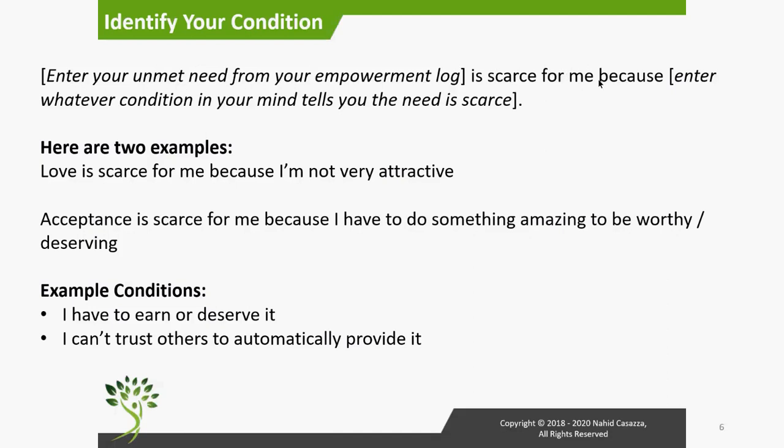Appreciation is scarce for me because people won't appreciate me unless I work really hard to earn their sense of regard, or whatever it is. Here are two examples. Love is scarce for me because I'm not very attractive. Acceptance is scarce for me because I have to do something amazing to be worthy and deserving of it.